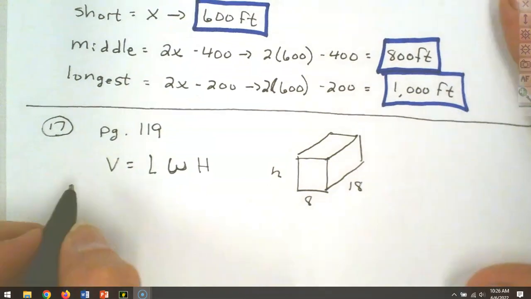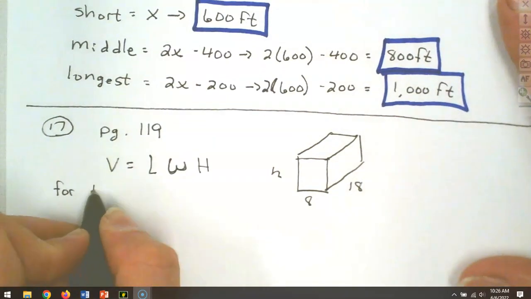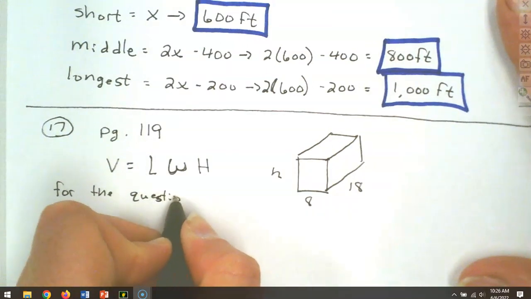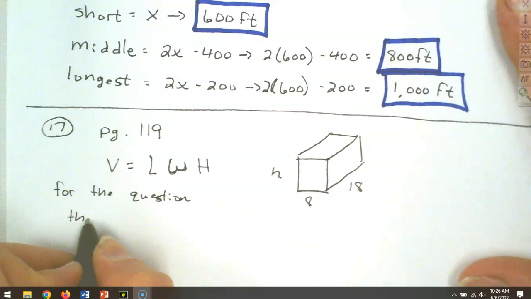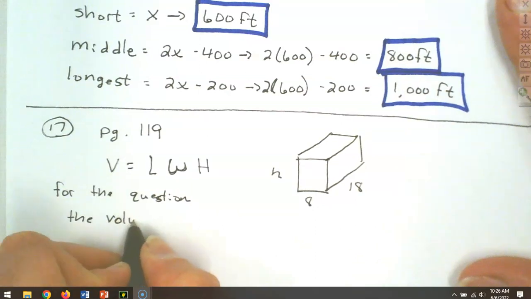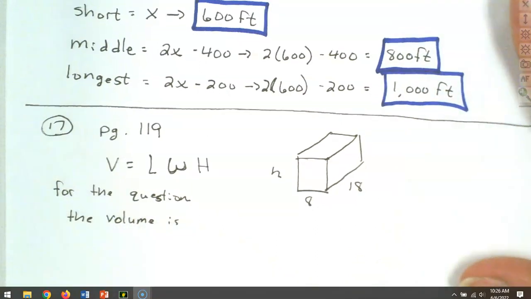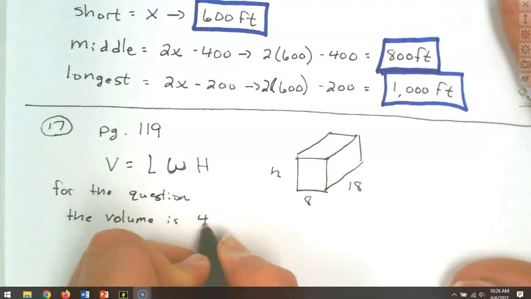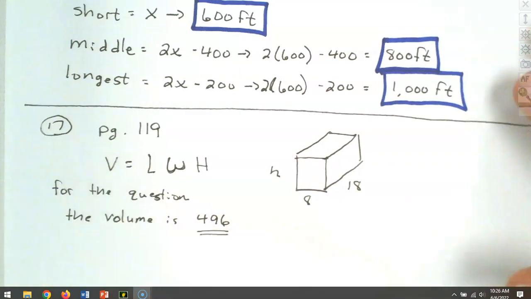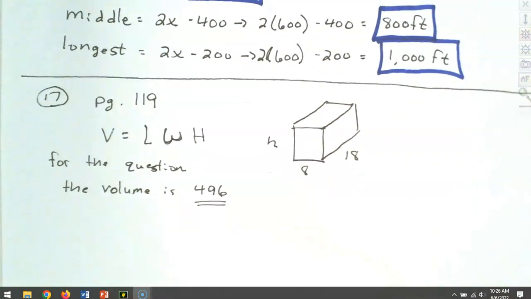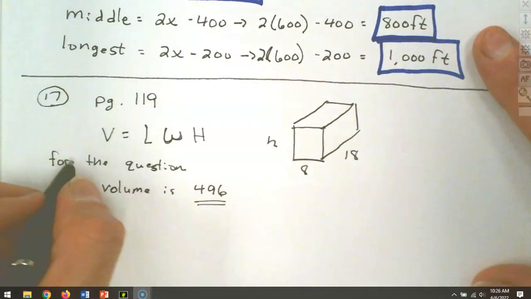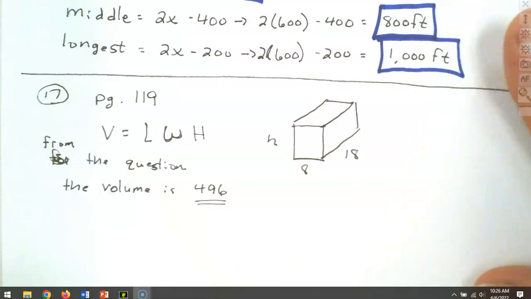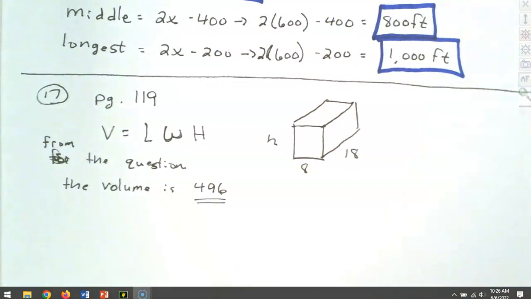Well, what is known from the question? The volume is, it tells us specifically, 496. So that's our volume. So from the question, the volume is going to be 496.